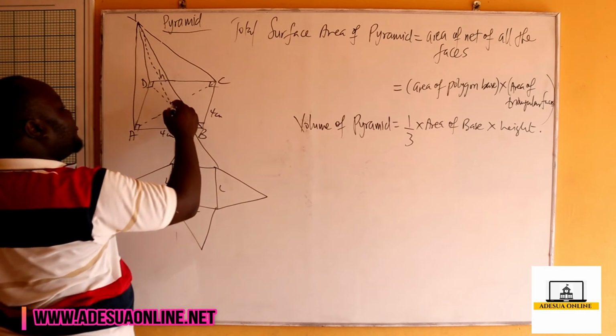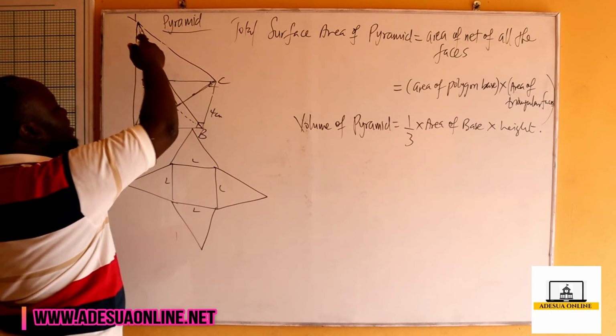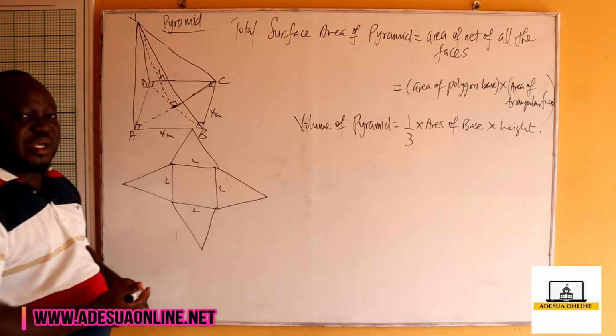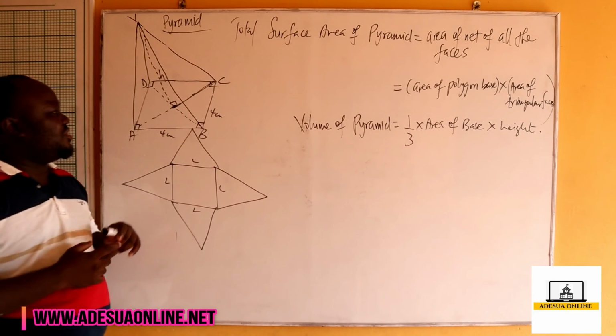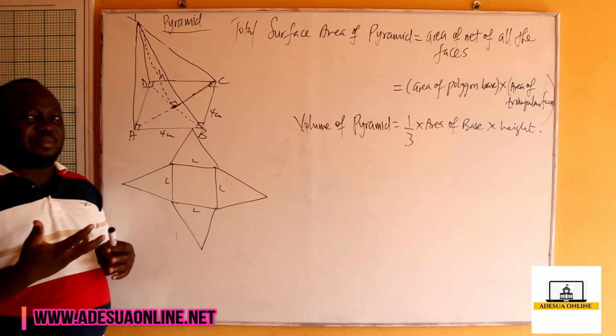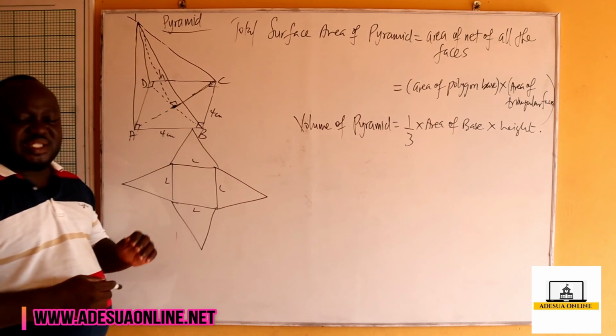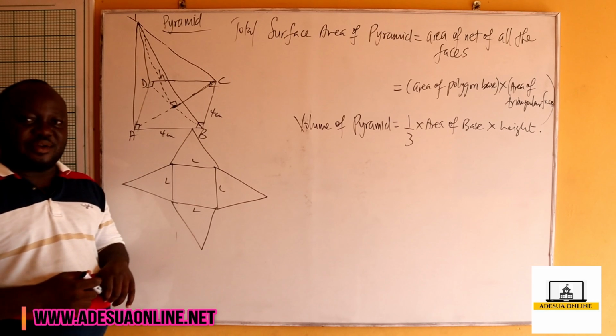So if you know this length, which you have already found, and you also know the slant height, you can find h by using Pythagoras Theorem again. So practically, for the square and the rectangular pyramid, it is normally about Pythagoras Theorem, and we can solve questions under them using it.